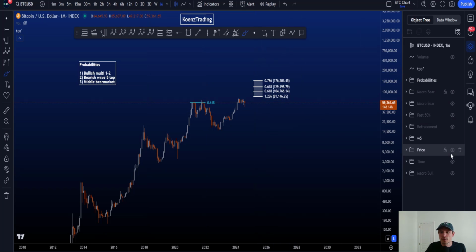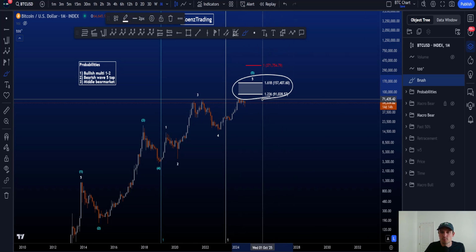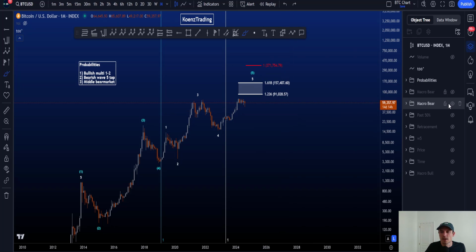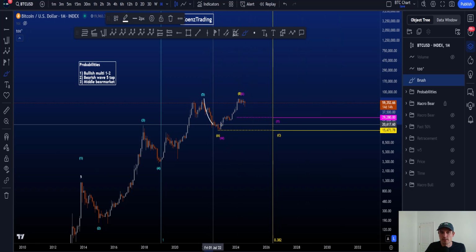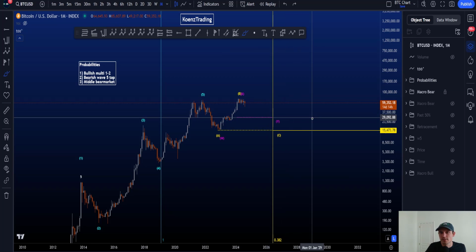The second scenario would be topping out in a very big wave 5. The first bear market scenario I've shown you here. The target for price is pretty much the same, and it's then all about the retracement that we get to the downside. And then on the number 3 position, we have this scenario here where we are in the middle of a bear market and then look for continuation towards the upside.